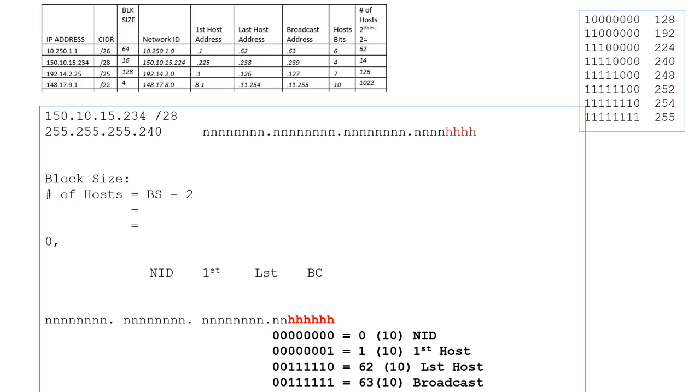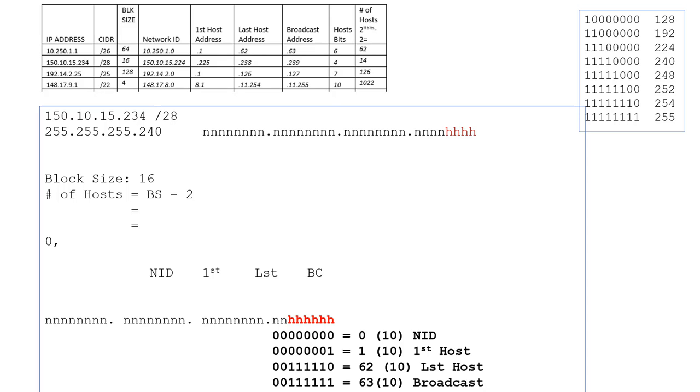Again, we are going to look at what is the rightmost bit. The rightmost bit is right there, and the question is what is the value of that? This bit is 128. This bit right here is 64, 32. This is 16. So what we need to do is we have a block size of 16.